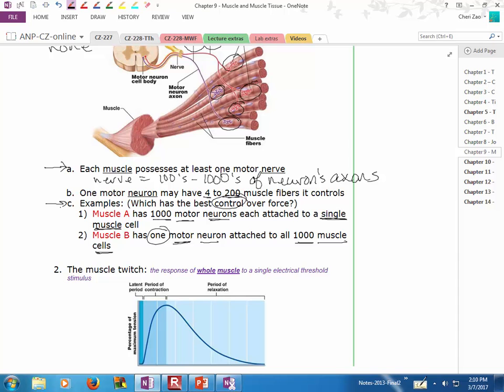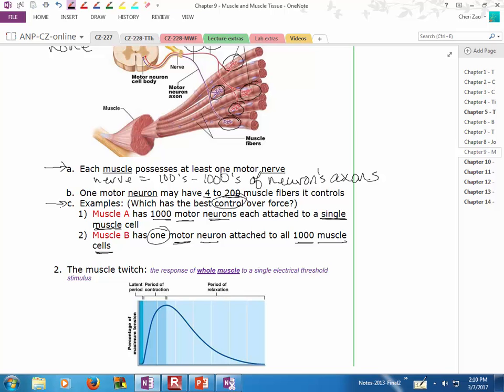A. And that's because when you have a 1-to-1 connection, you can turn on 1, 2, 3, 4, 5, 6, 7, 8 muscle cells, and cause them to shorten until you get the desired effect.